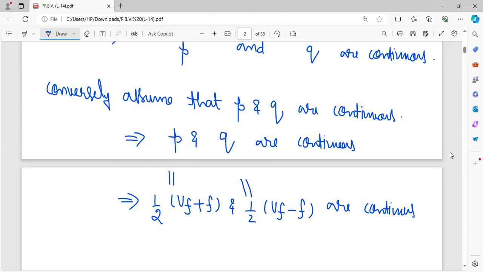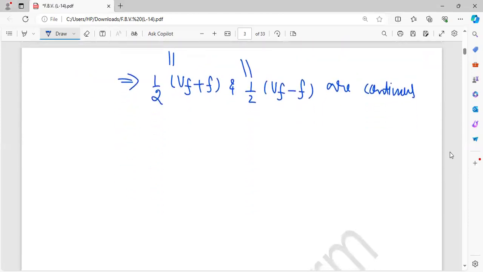So this implies, since the sum and difference of continuous functions are continuous, that 1/2 (BF + F) plus 1/2 (BF - F) is continuous.